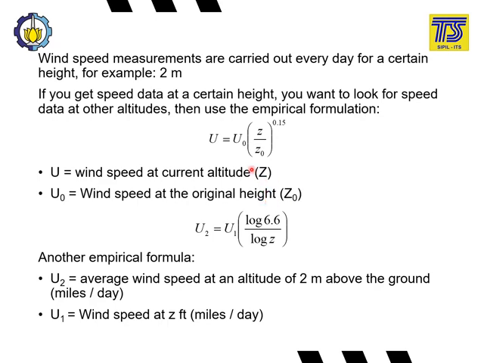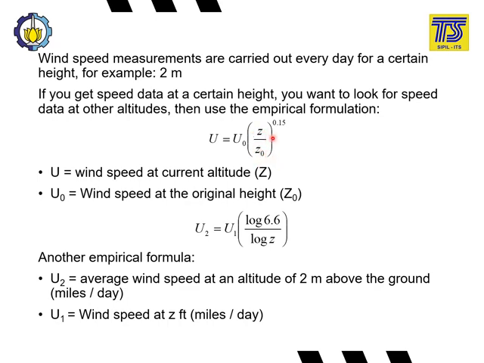And then we can use this equation. For example, we want to look for the wind speed at the altitude of 4 meters. You can use this equation by using U0 as the wind speed at the height of 2 meters, and then Z per Z0 is the altitude.